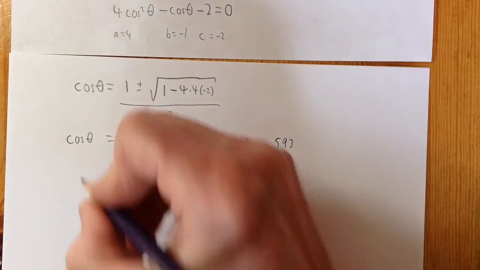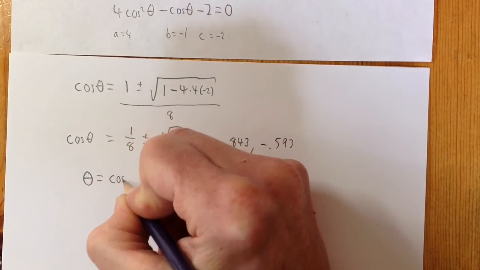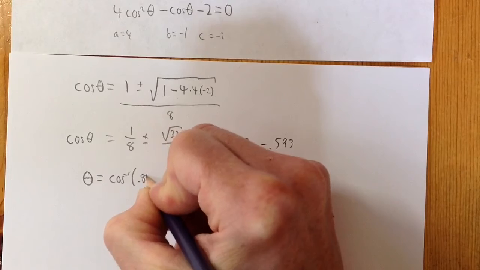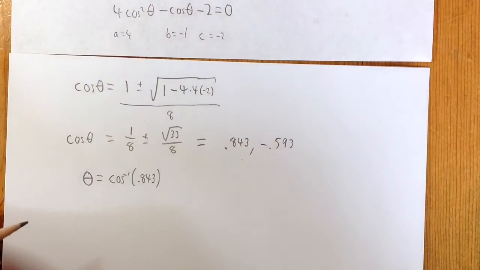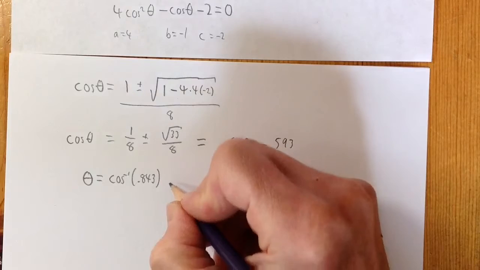So what is theta? Theta then is the inverse cosine of 0.843. And if I do that one, an inverse cosine, oh, and you want to have your calculator in radians for this, which mine is not. There we go. Okay, so inverse cosine of 0.843, I get 0.5679, let's take 0.568.